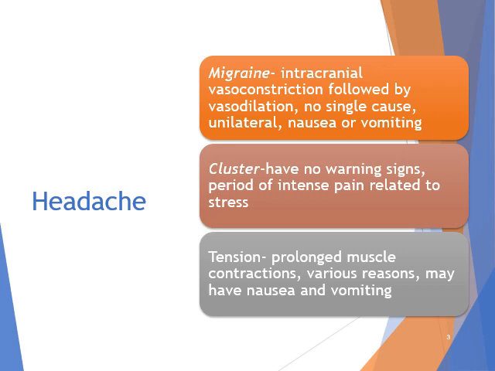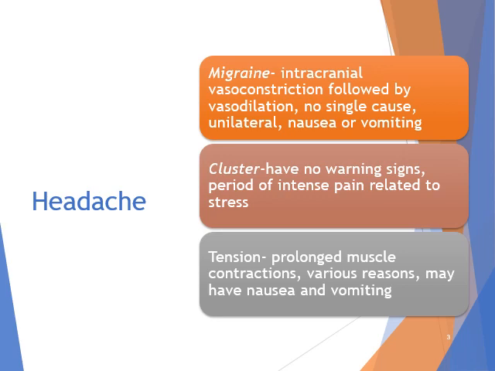There's no single cause, it's unilateral. So what that means is that it's on one side. Now, I know I used to get them. I would get it over my right eye, and it would just be so intense. You'd just be holding that one side of your head, and maybe you'd have nausea and vomiting, maybe you'd take some medication for it.